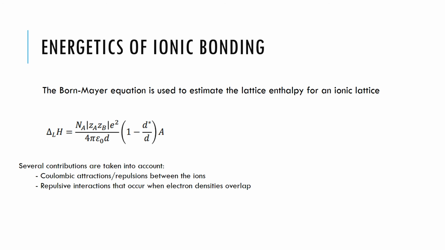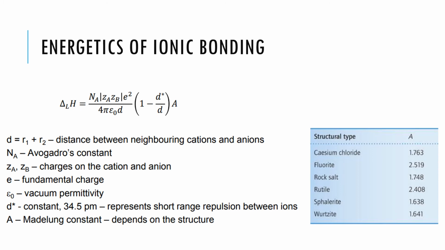I want you to have an appreciation that you can theoretically calculate these values. I will, however, expect you to be able to calculate the lattice enthalpy from the Born-Haber cycles. And you can see there I list all of the parameters that are found in the Born-Haber equation.